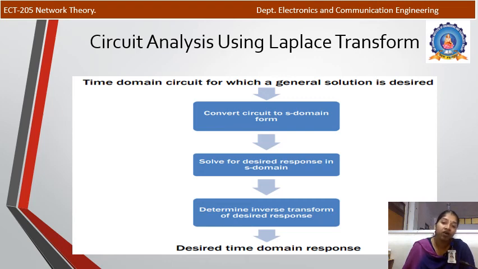But we need the time domain equations for the voltage or current. So after solving these equations, we get the Laplace transform domain equations. So we have to determine the inverse Laplace transform of the desired response. So we get the desired time domain response. So these are the steps that we adopt for further circuit analysis problems.